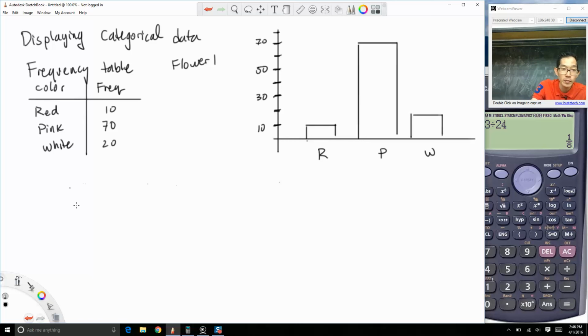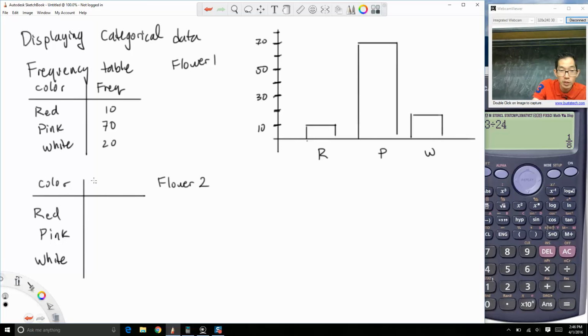And then over here, maybe we have flower 2, and we look at the colors of the flowers. We've got red, pink, and white flowers over here also. And the frequency will be 30, 30, and 30.